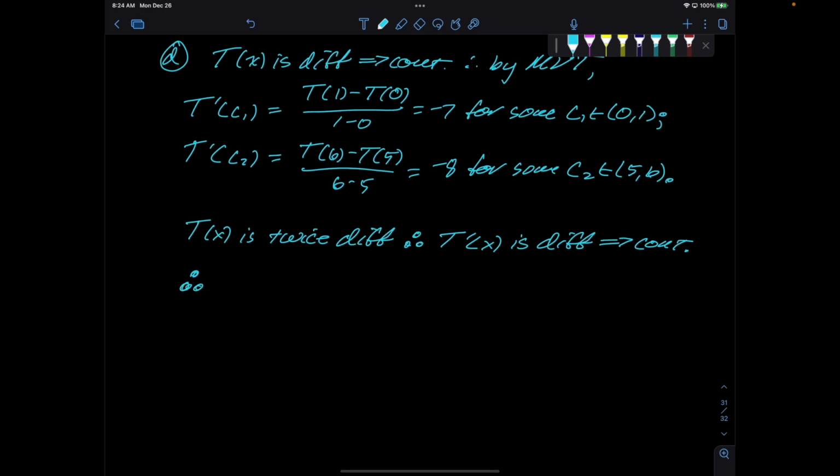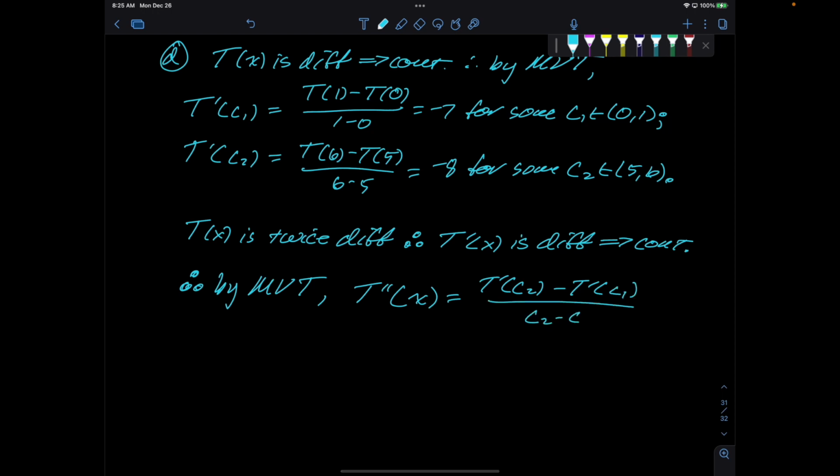therefore, by mean value theorem, t double prime of x, let's just say, is t prime of C2 minus t prime of C1 over C2 minus C1.